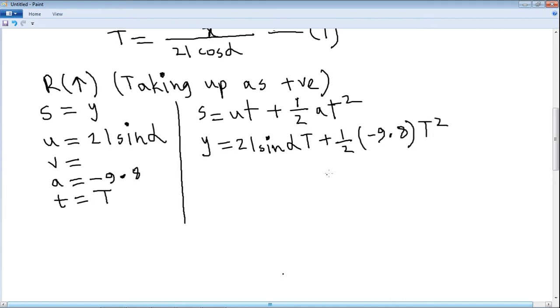Okay, now let us substitute the value of t here. No, at first let us simplify this further. Then we will substitute the value of t.